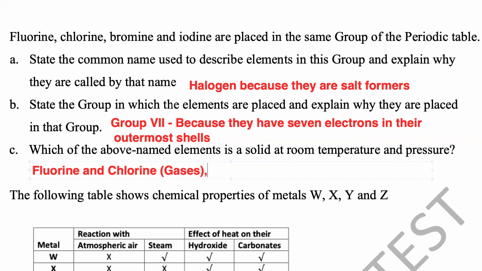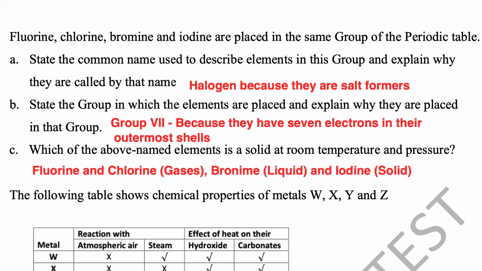Okay. Then bromine is a liquid, and iodine is one which is now a solid. So right from here, you are able to itemize the things that we're looking for.